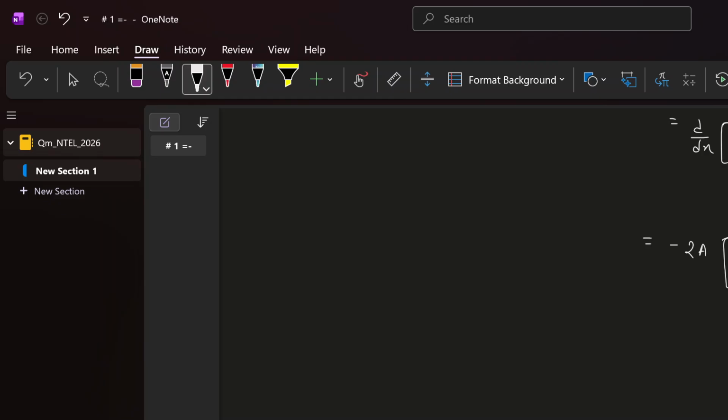So this becomes minus 4x squared by x squared plus a squared whole cube, right? If you simplify and gather all terms together, you will get a term like this; do this calculation yourself and see if you get it. So 2a times 3x squared minus a squared divided by x squared plus a squared whole cube.